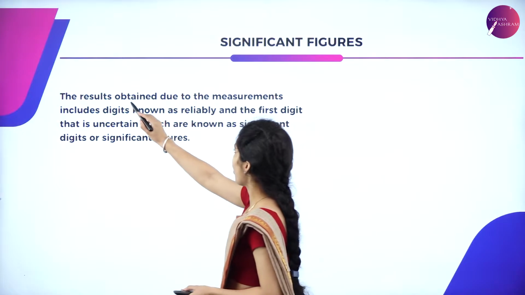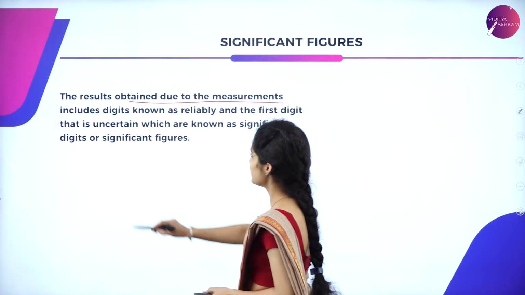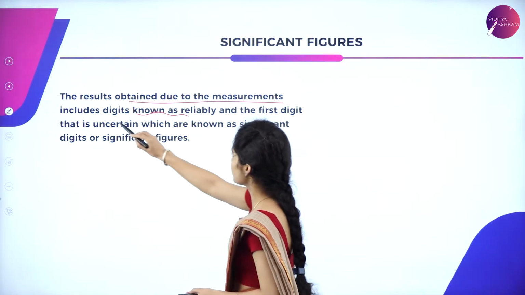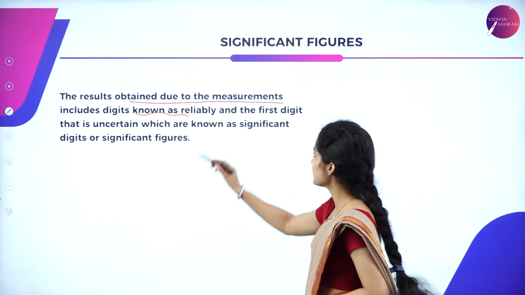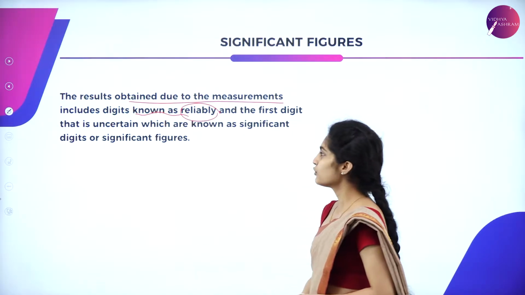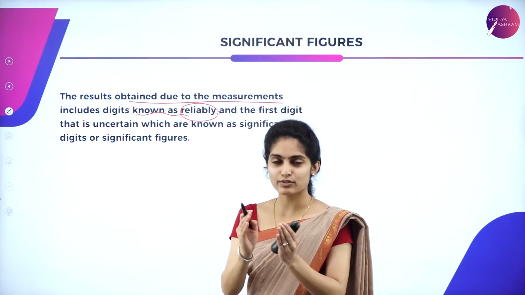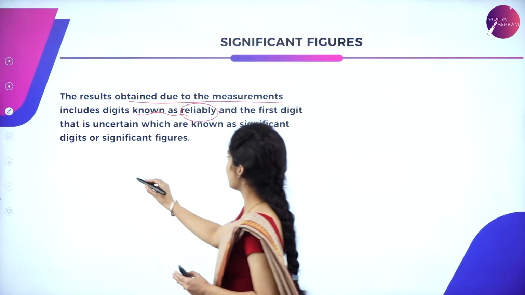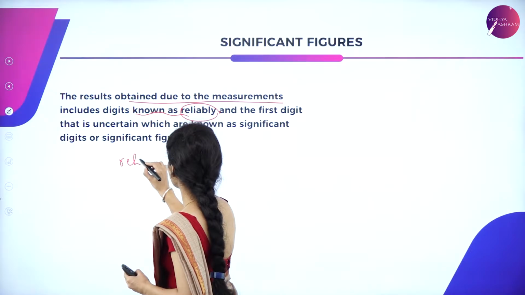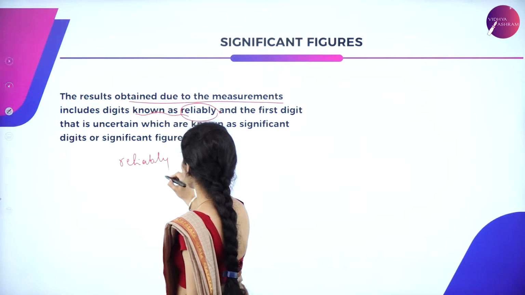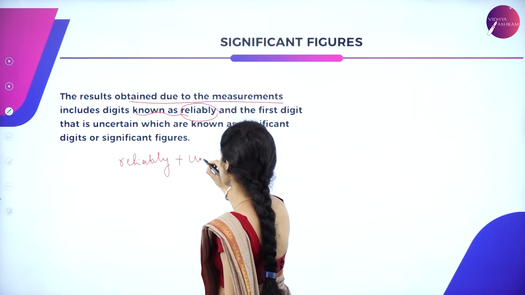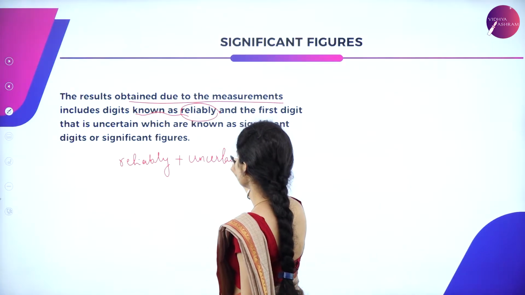So results obtained due to the measurements, it includes digit which is known as reliably and the first digit that is uncertain. I'll tell you what is reliably and first digit that is uncertain. That is reliably plus uncertain, the first digit that is uncertain.